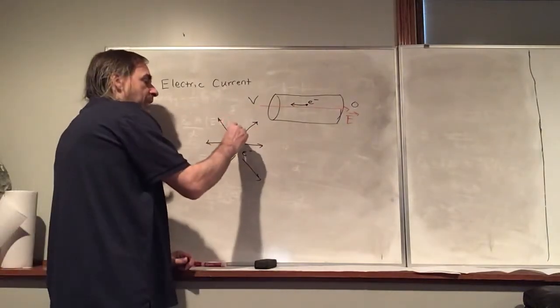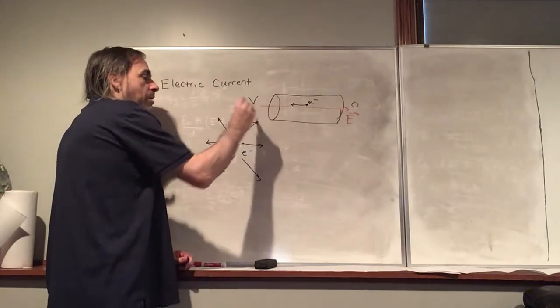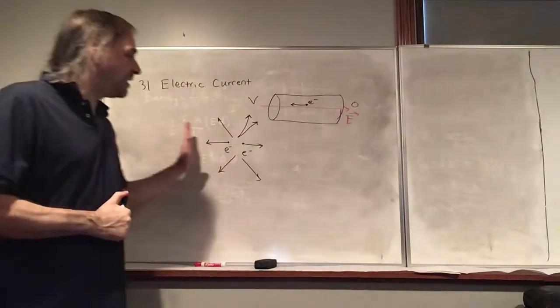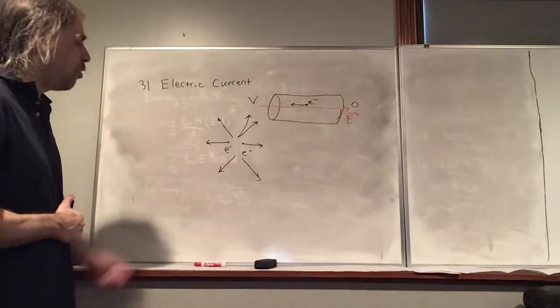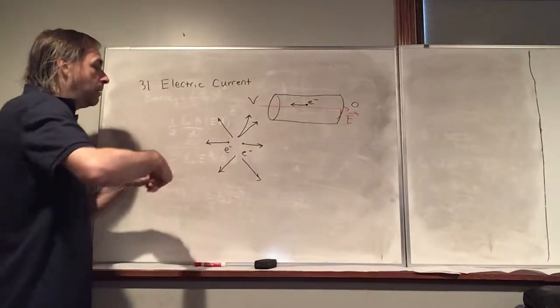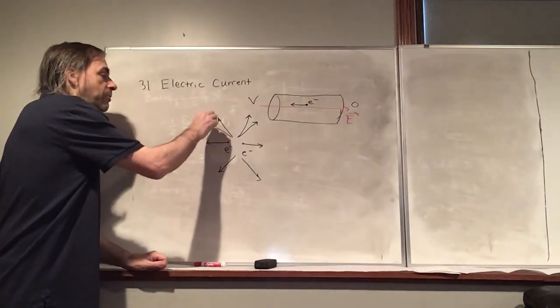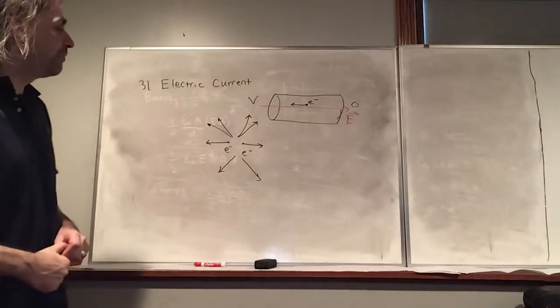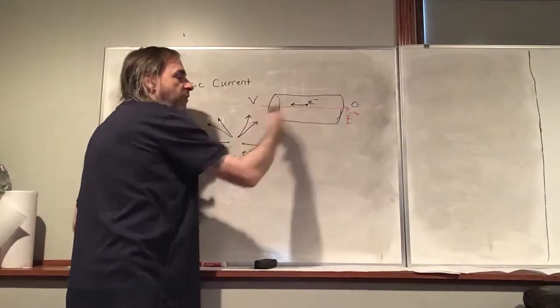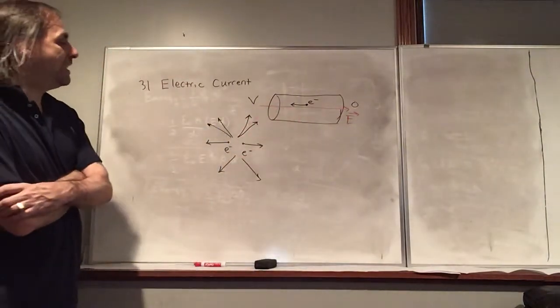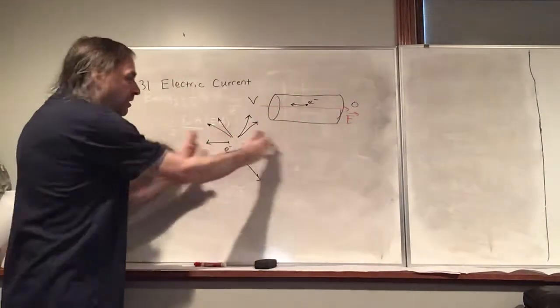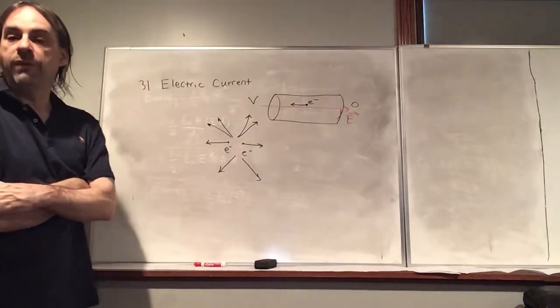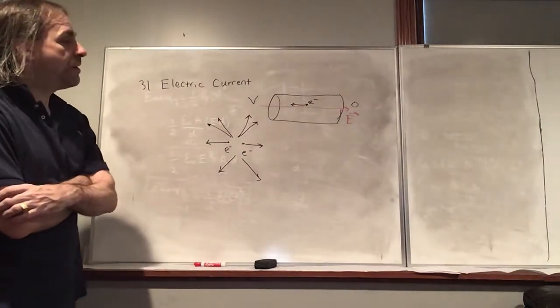Well, its path will be deflected a little bit, so it's not going as far to the right as it did before. Meanwhile, these are going to be deflected in this direction. This one's just going to accelerate towards the left. So what this external field is going to do is shift all the electrons' motion to the left.